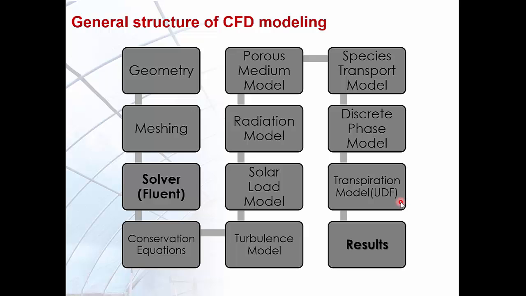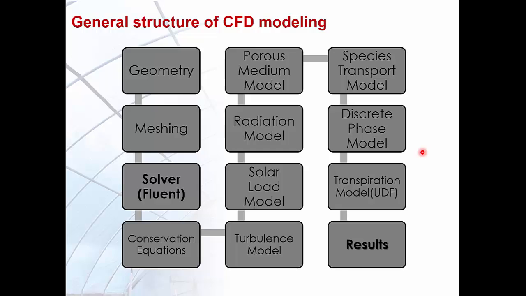Then, once all the models are included, the computations are run, and we can achieve results and look at the details of the airflow and distribution of certain key variables in the greenhouse system to analyze the design and make suggestions for improving the greenhouse aerodynamics.